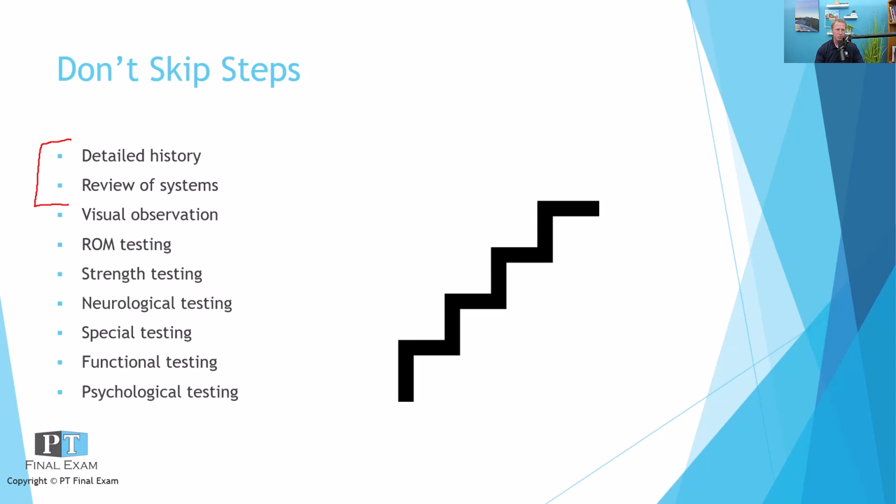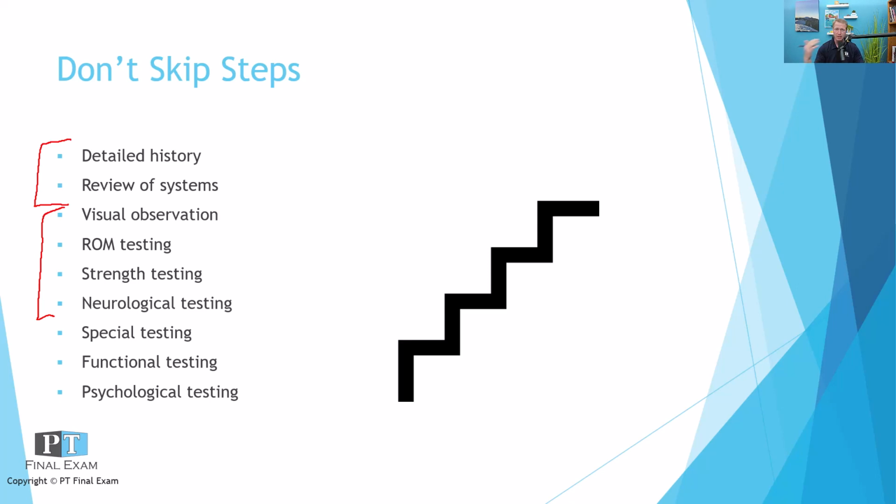Then you get into your physical exam, starting first with visual observation, range of motion testing, strength testing, neurological testing, go through all of that. Then once you've completed all that, you get into your special tests, functional tests, and finally psychological testing if nothing else fits. So go stepwise through this process.